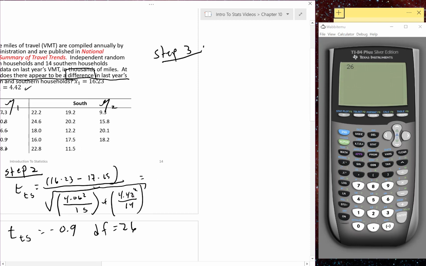So let's just note that we are on a t-distribution centered here at 0. And to the left we get negative 0.9, so we get this shaded region here. And now we have to supply 0.9, which is going to be this upper tail, to get all of that.